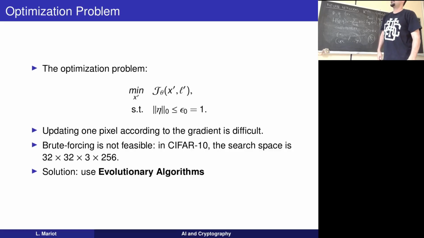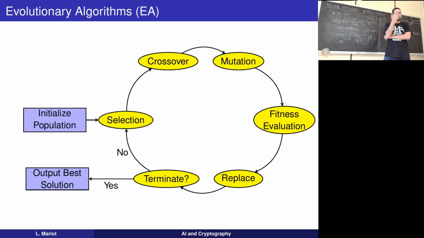As a quick recap, evolutionary algorithms are iterative optimization algorithms that we saw yesterday to design symmetric cryptographic algorithms or primitives. The idea is that we start from a population of candidate solutions to our optimization problem, and we compute the cost function or the fitness function to see how good these candidate solutions are in solving our problem.